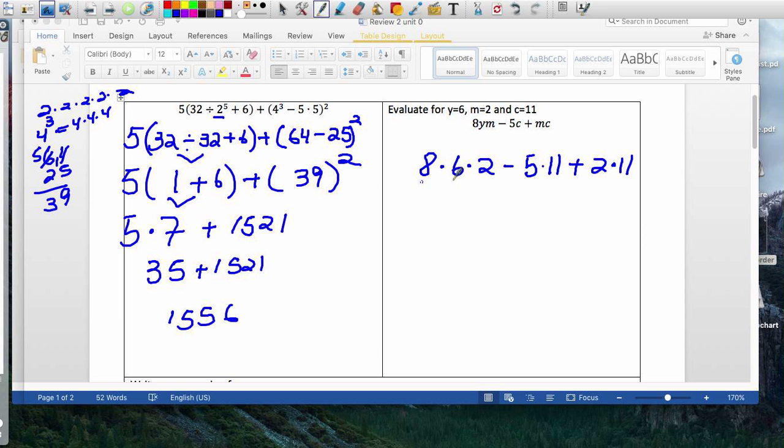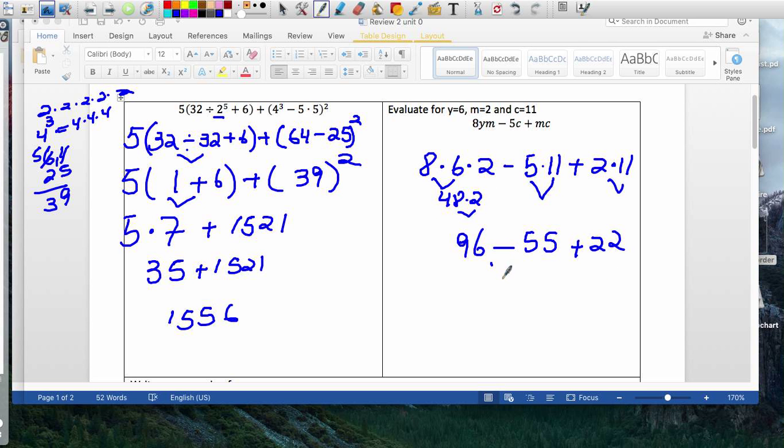So let's take care of this. 8 times 6 is 48, which I'm going to multiply by 2, and that's going to give me 96. Minus 5 times 11, which is 55. And then plus 2 times 11, which is 22. So, again, order of operations, we're still going to do this left to right between subtraction and addition.